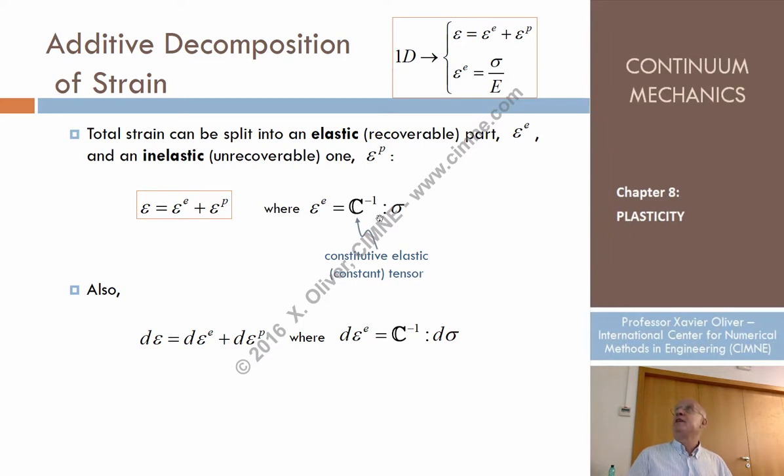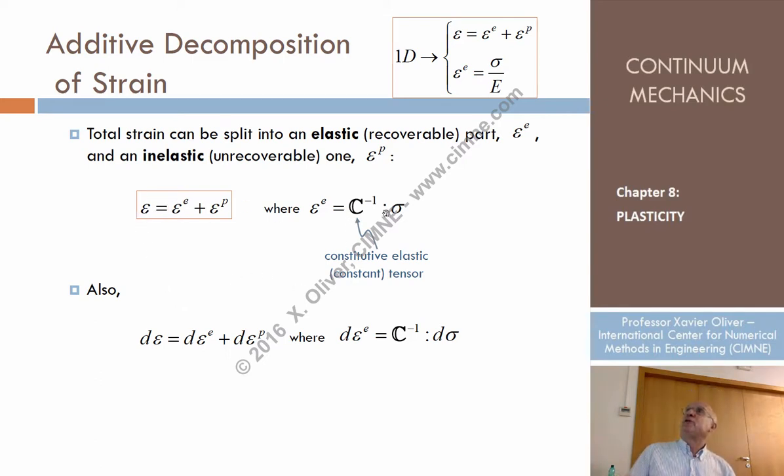So here we can use the inverse Hooke's law that we have used in elastic materials. Okay? C is that elastic constitutive tensor that, for isotropic cases, depends on how many parameters? 2. Lambda, mu, or E and nu, etc., etc.